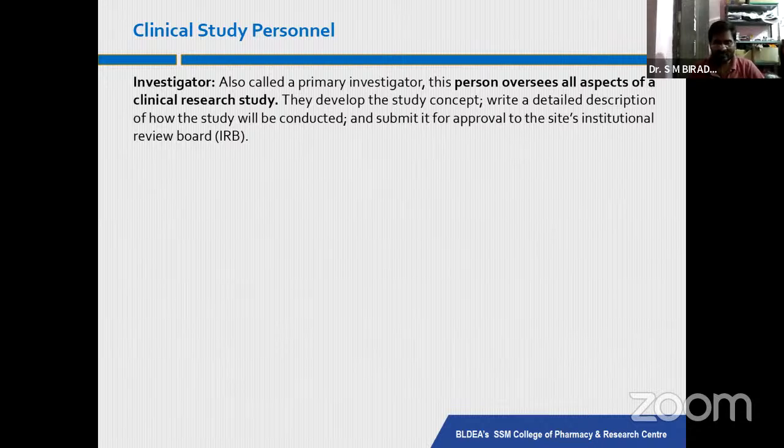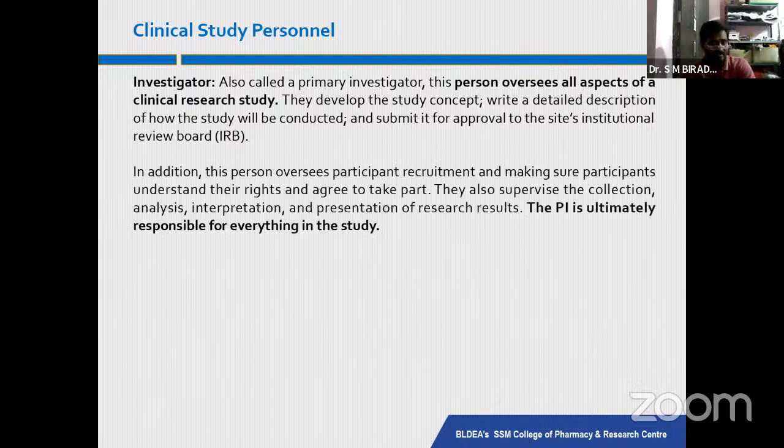This is the person who oversees all aspects of the clinical research study, because the investigator knows every part of the trial. They develop the study concept, and the detailed description of how the study will be conducted, and how it is to be reported, submitted and documented, and they are part of the review committee. This is the main investigator role.